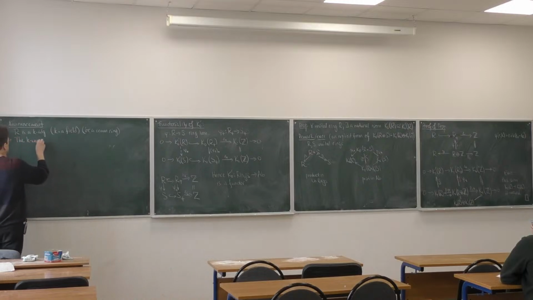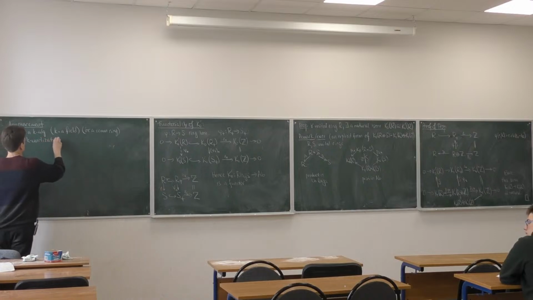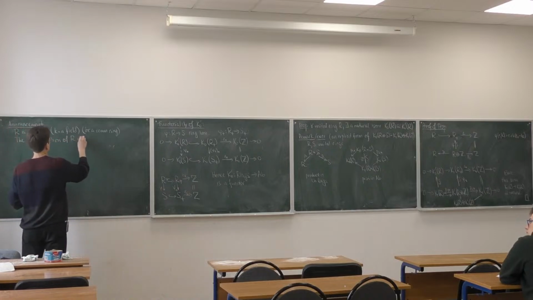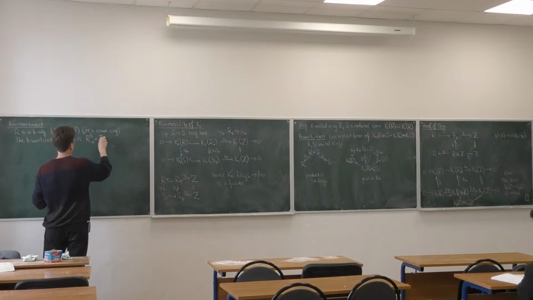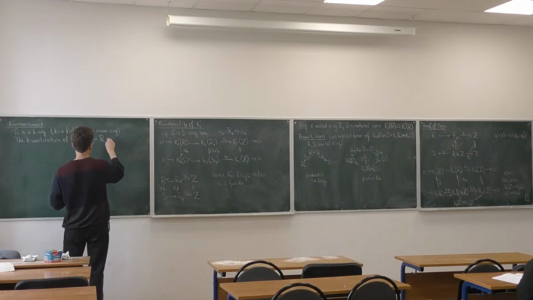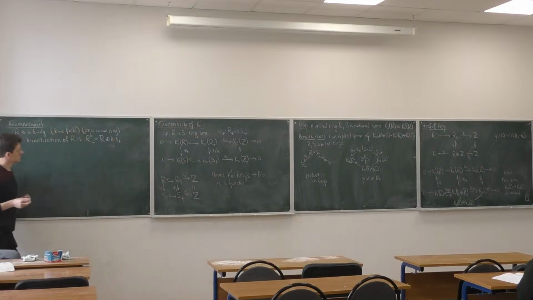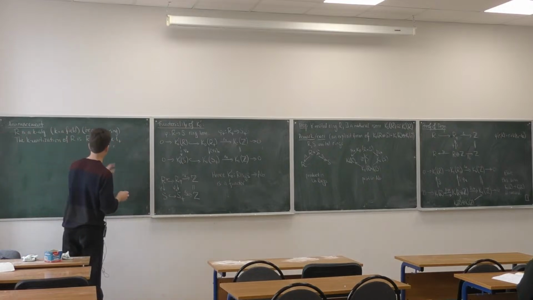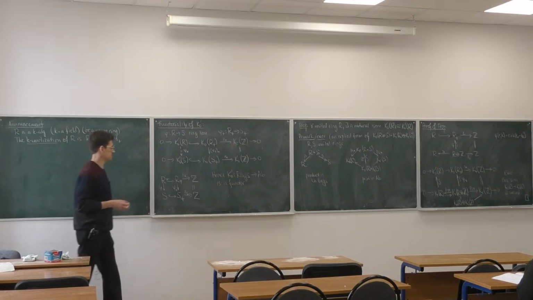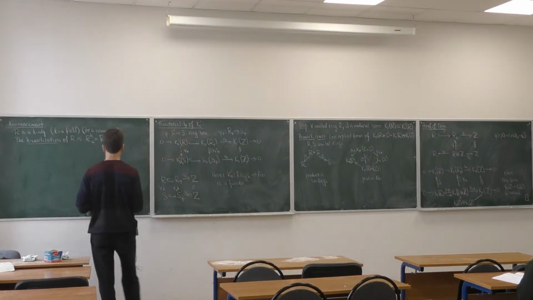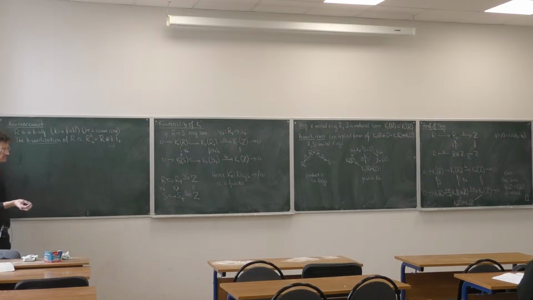The K unitization of R is the following K algebra, R plus K, which as a K module is just the direct sum of R and something spanned by a single element denoted like this. And the multiplication is defined in exactly the same way as in the case where K is the integers. So this is an algebra with obvious multiplication.